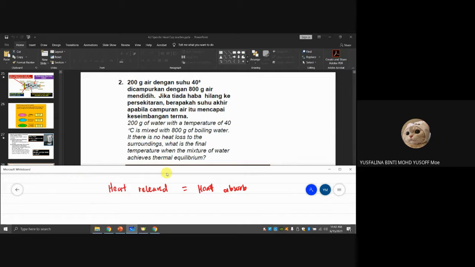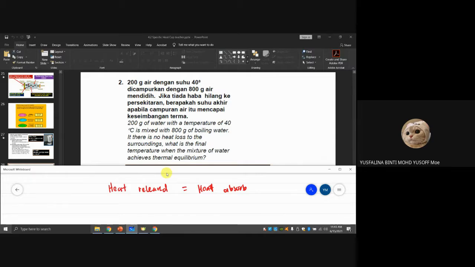Is it okay, Farah, Sajif? The amount of heat released by the boiling water is the same amount of heat absorbed by the 40 degrees Celsius water, so it will not be lost to the surrounding. How much you give, that is how much I will accept.